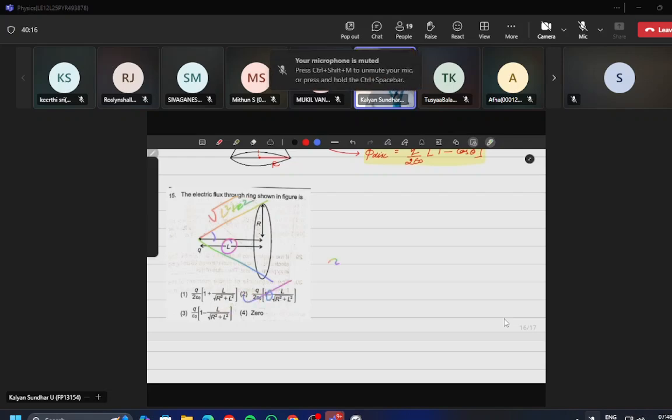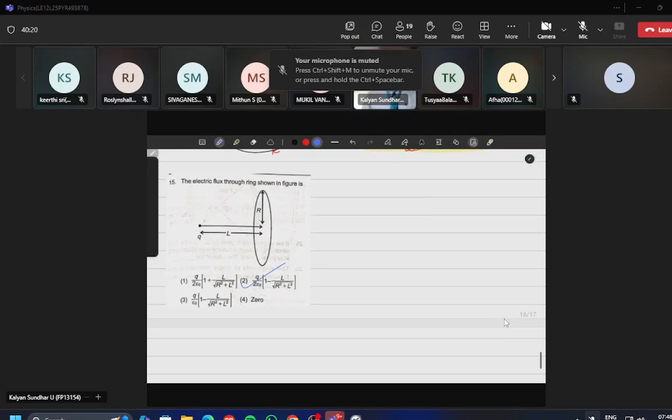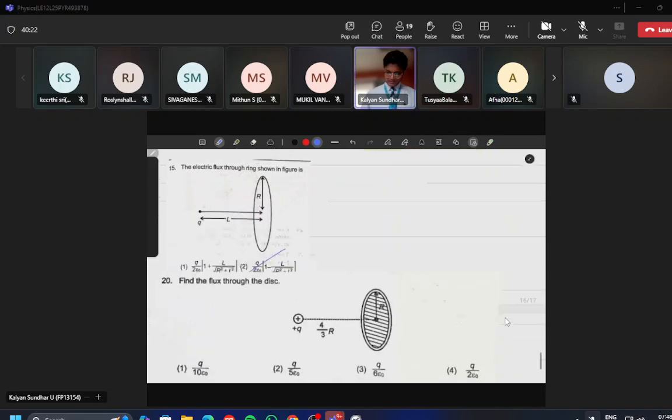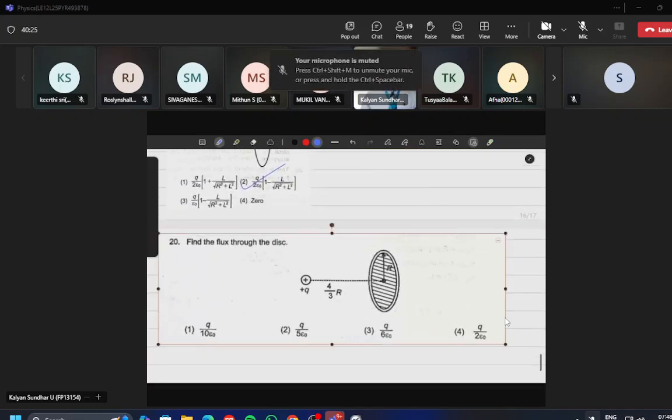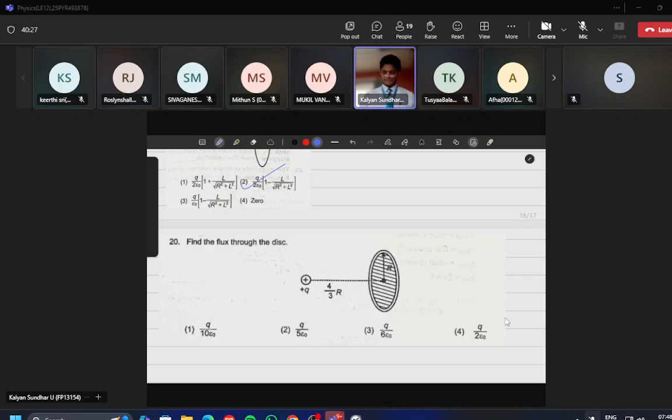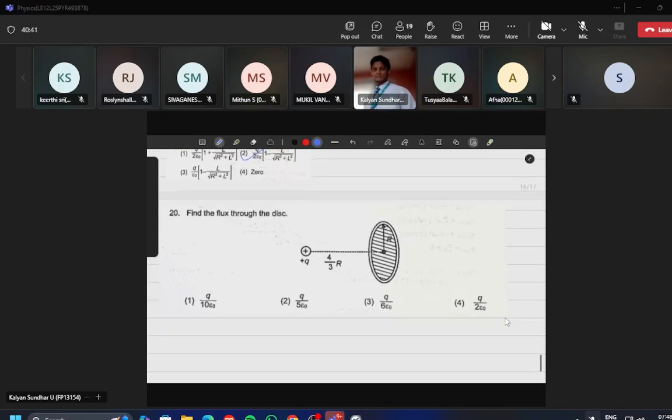So option 2 will be the right answer. Flux through the disk: first option. That's it.